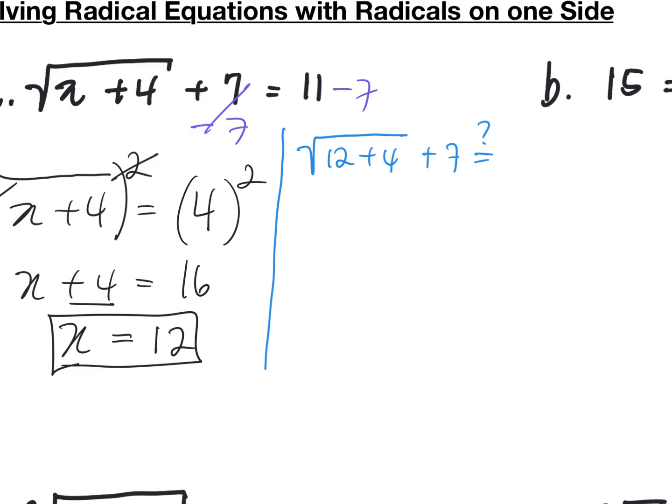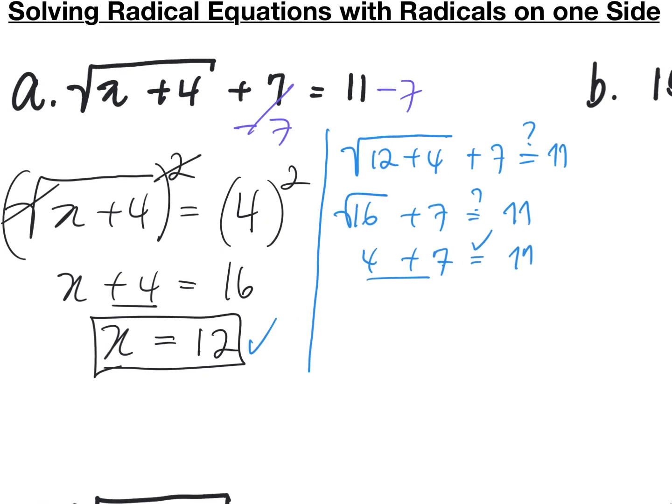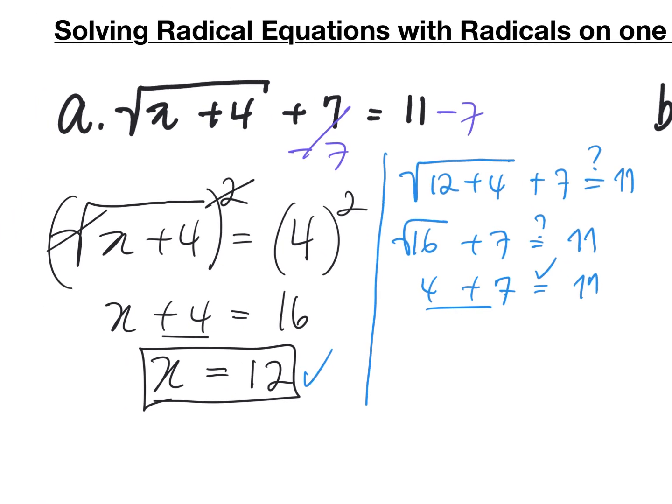Is it equal to 11? 12 plus 4 is going to give you 16, and the square root of 16 is 4. So that's 4 plus 7. We can see that this is correct because 7 plus 4 is equal to 11. Therefore, our answer x equals 12 is correct.